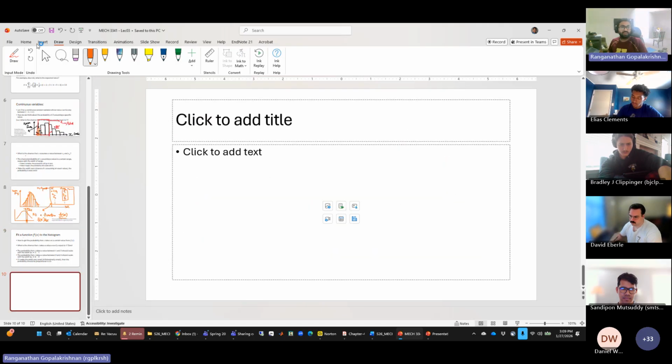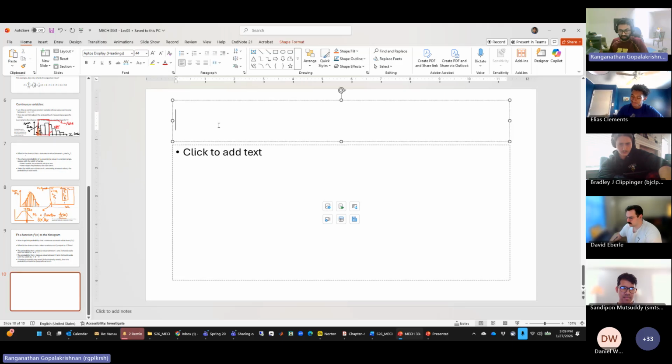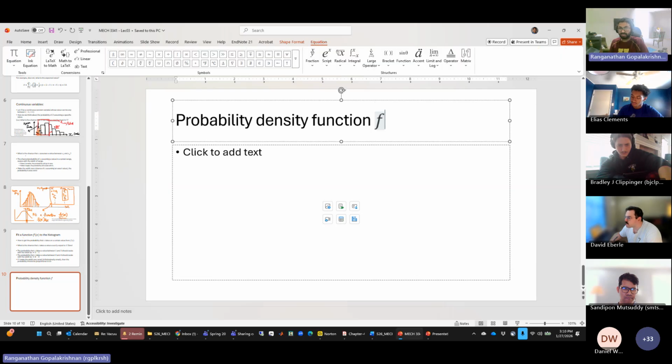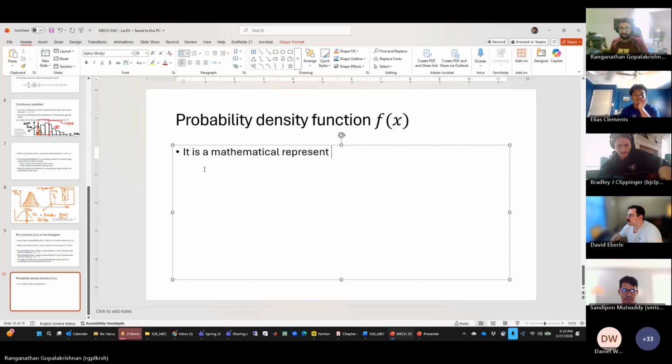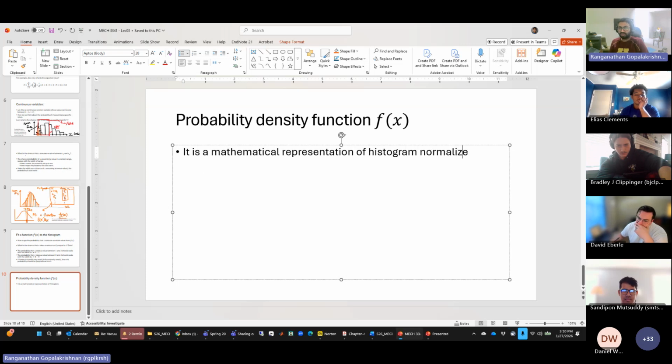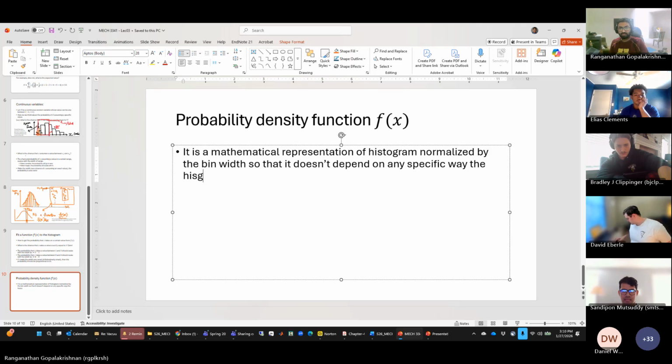Okay. Since nobody is talking, I'll try this again. The probability density function f of x is a mathematical representation of the histogram, normalized by the bin width so that it doesn't depend on any specific way the histogram is constructed.